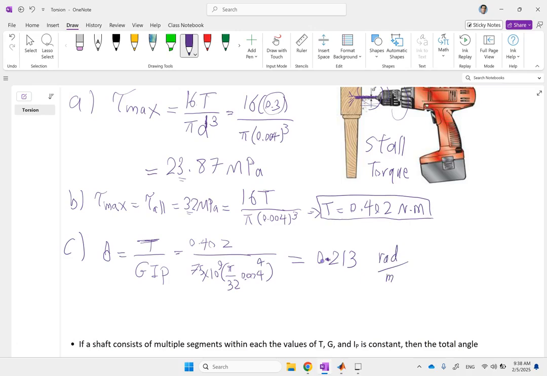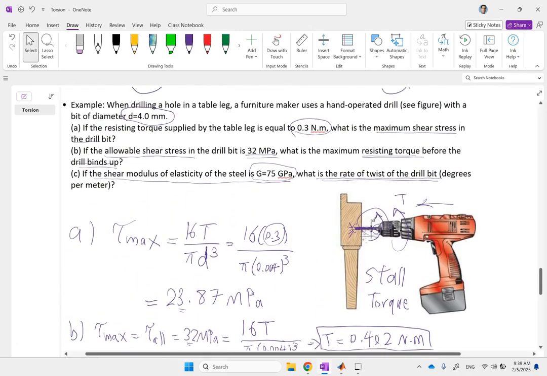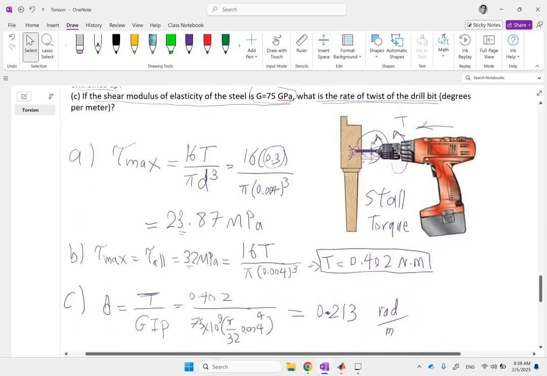Now, if we had L at any point, we can multiply and we can get how much rotation this other end will go through, with this end fixed. But in this case, it's not given. So this is the first example.